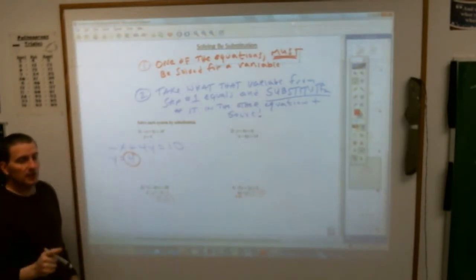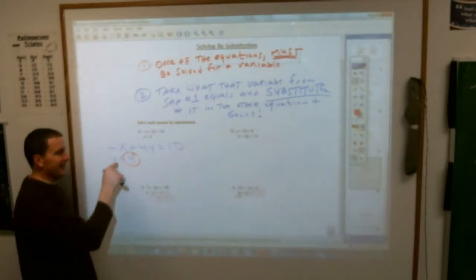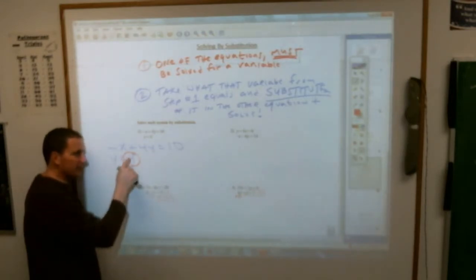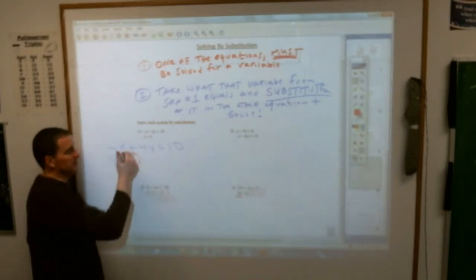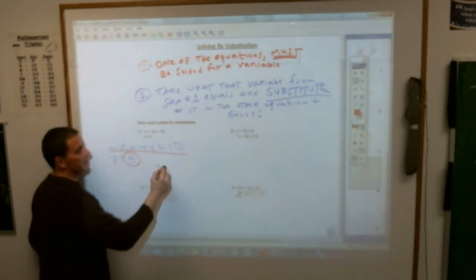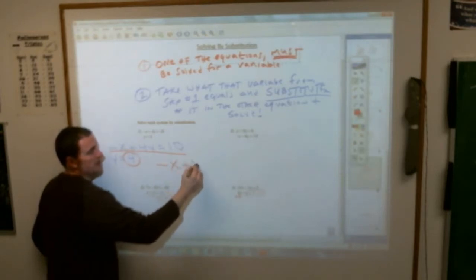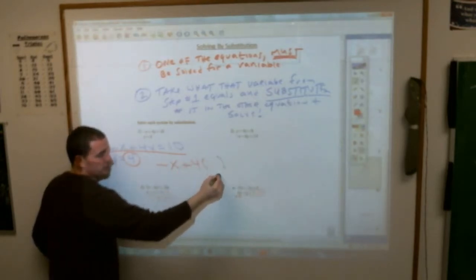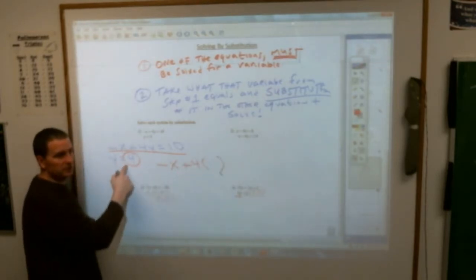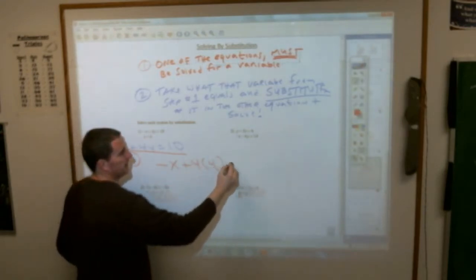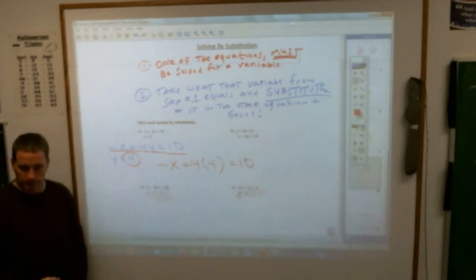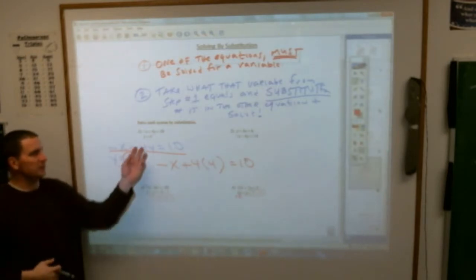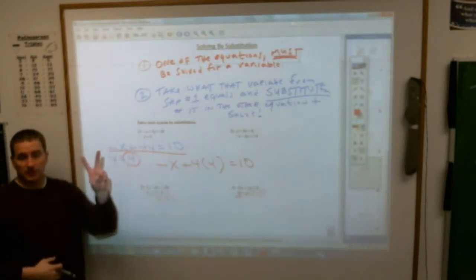That means in the other equation, wherever there is a y, I'm going to substitute what it equals, which is a 4. So that means this. I'm going to rewrite this equation. Negative x plus 4 times what y is from this other one, because y is 4, and that equals 10. And what I've done, children, is the reason why we can't solve these equations is because there's two variables.